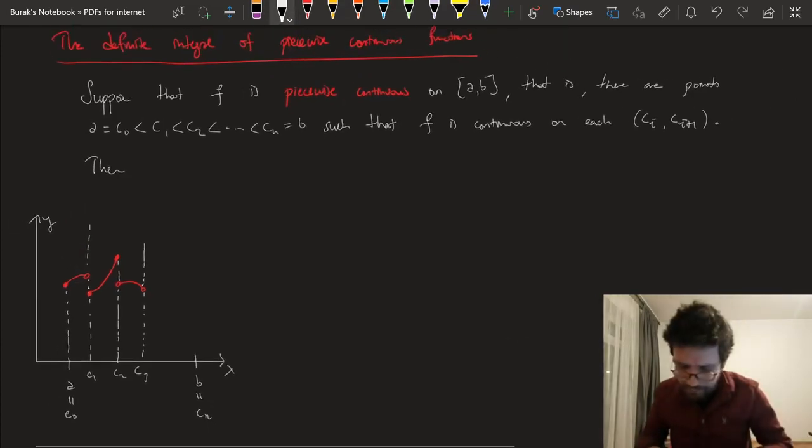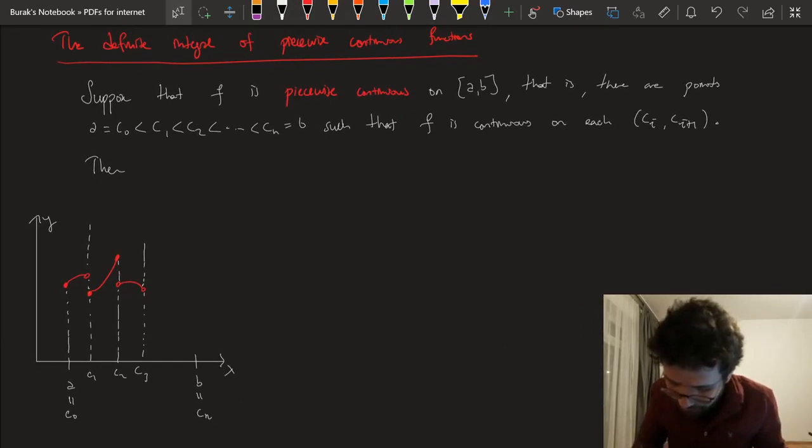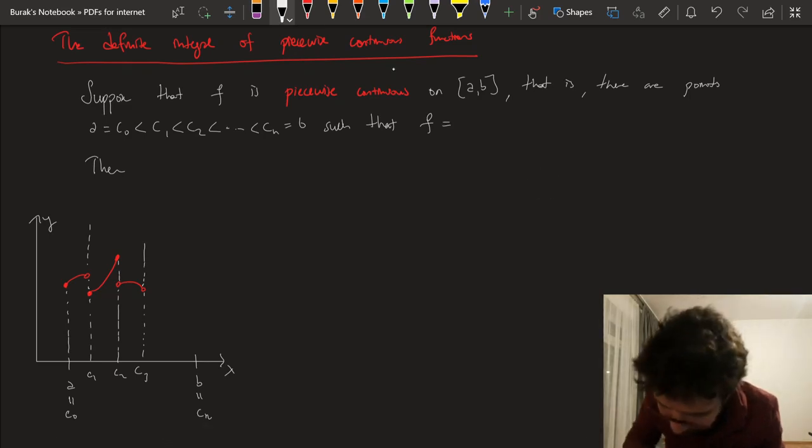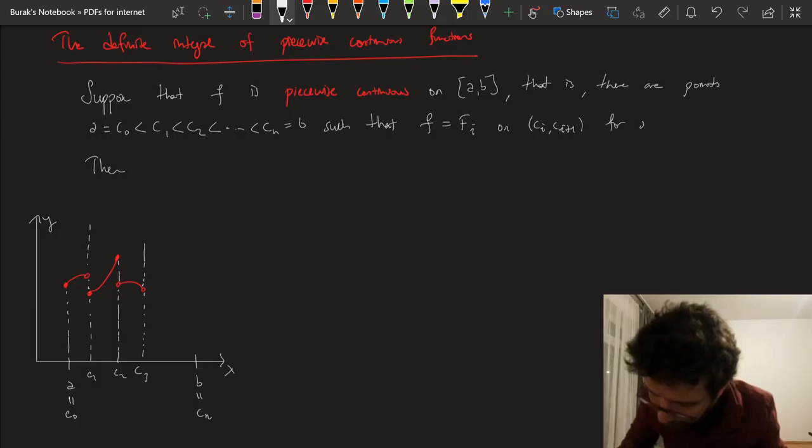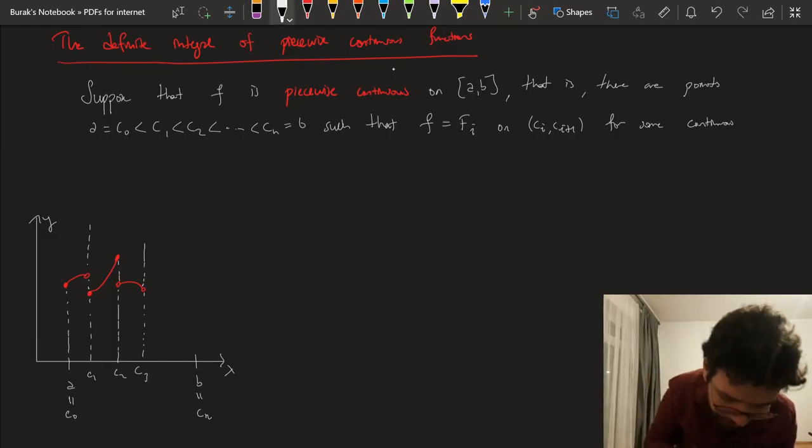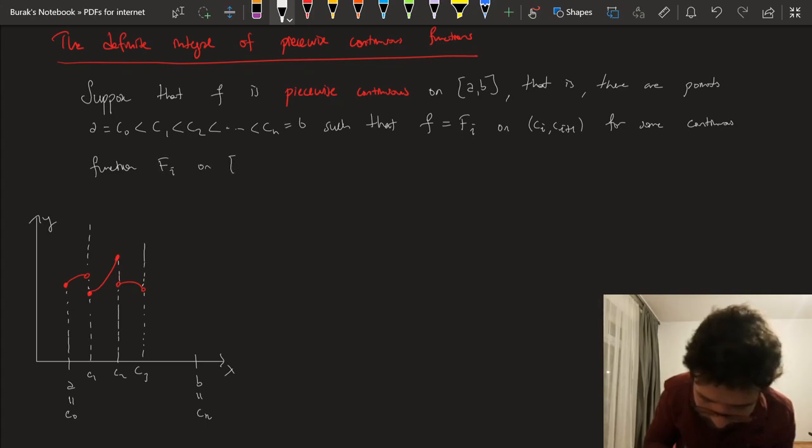Okay, there are points c0, c1, and so on, such that f is equal to f_i on the open interval (c_i, c_{i+1}) for some continuous function f_i on the closed interval [c_i, c_{i+1}].